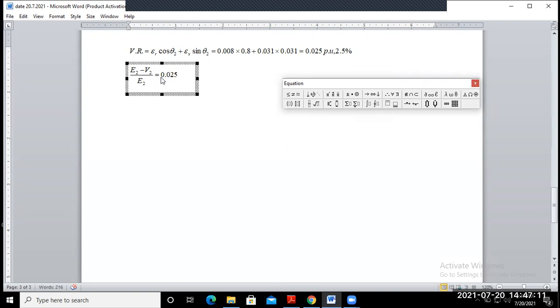So from this equation, we can find the value of V2, since E2 is already given to you, 250 volts.